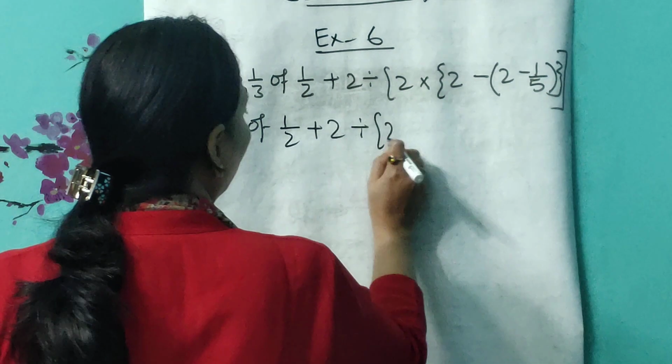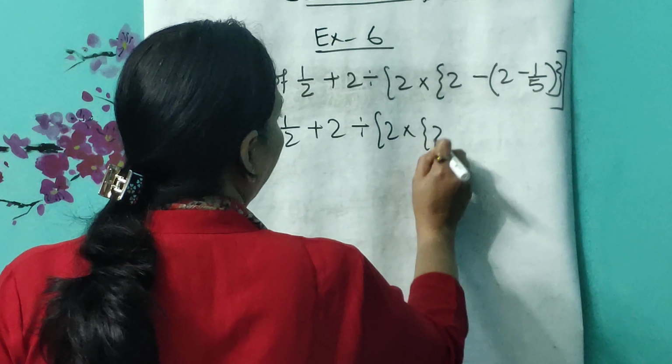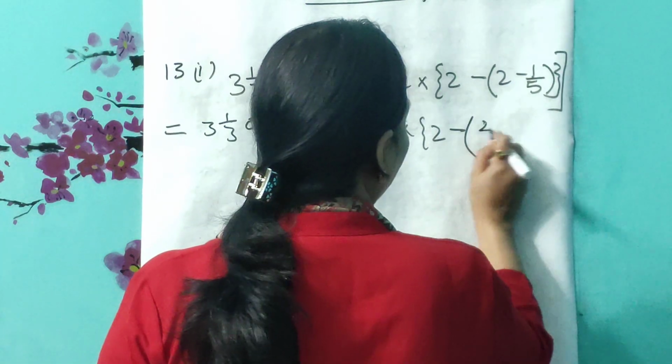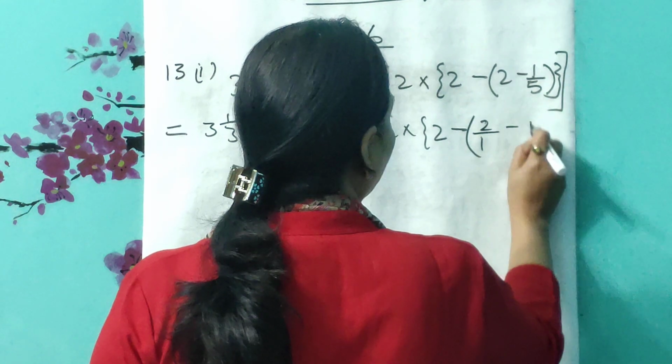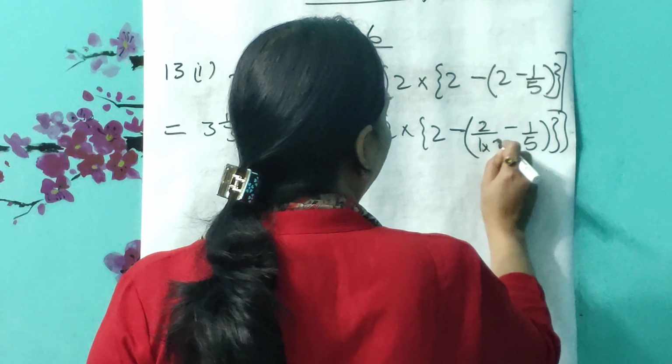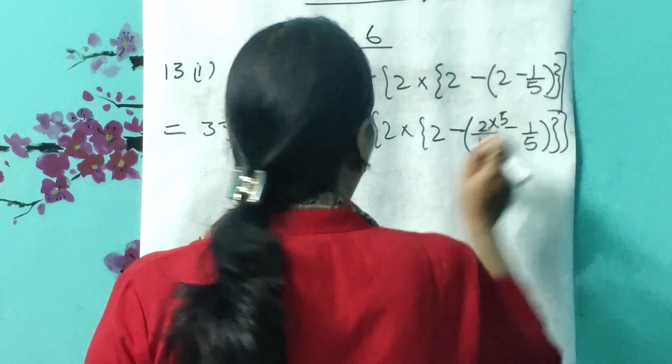Divided by the 2 into curly bracket 2 minus here 2 minus 1 by 5. So it is 2 by 1 minus 1 by 5. So to solve this, we will make the denominator same.